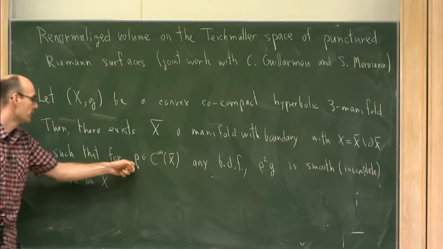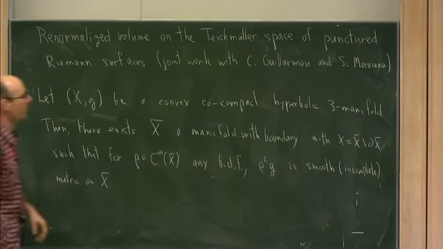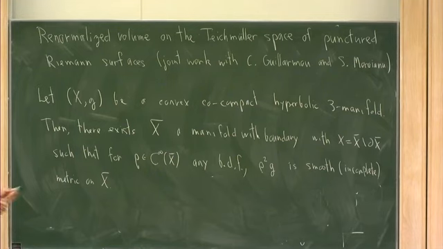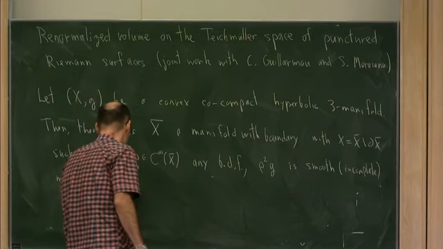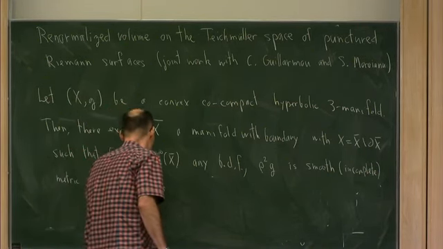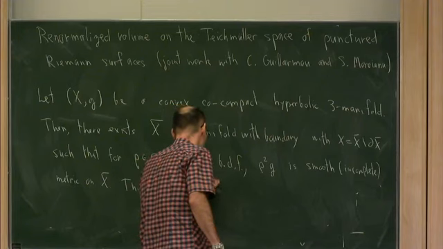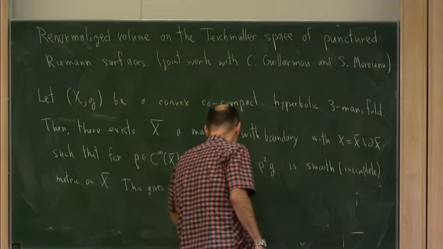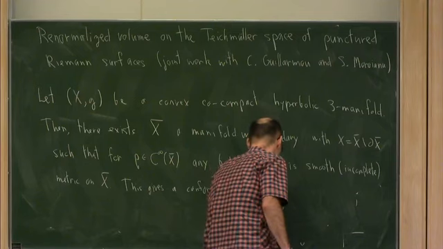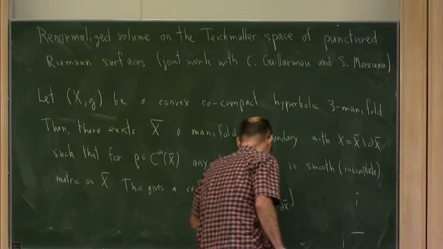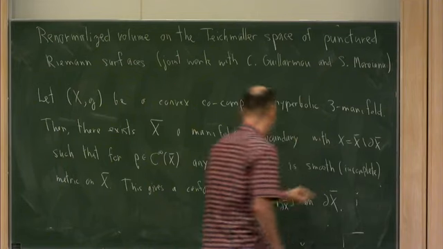But if I change my boundary defining function, I'll change the metric. What's preserved though is the conformal class. So this induces a conformal class or structure on the boundary.